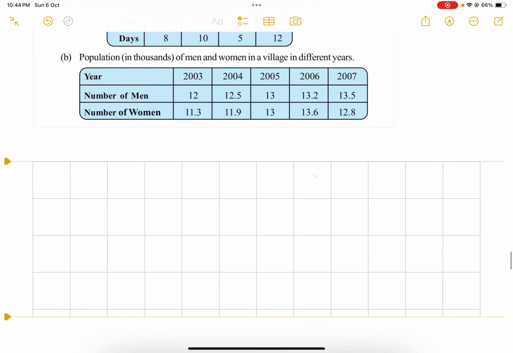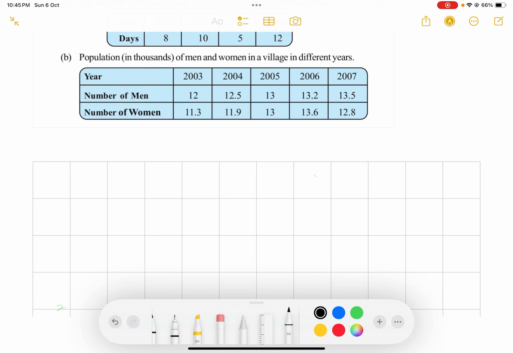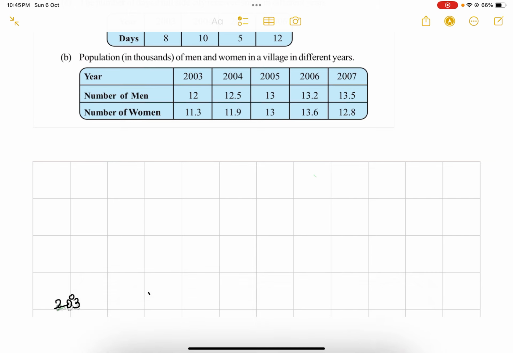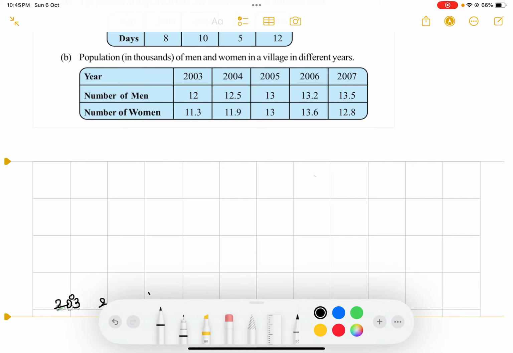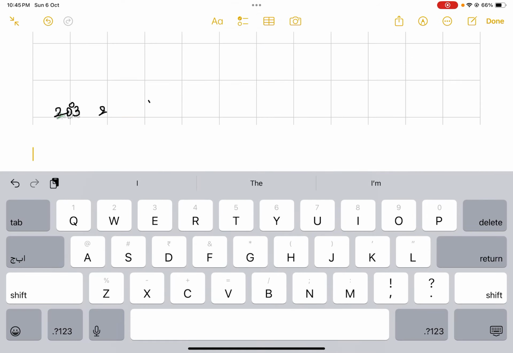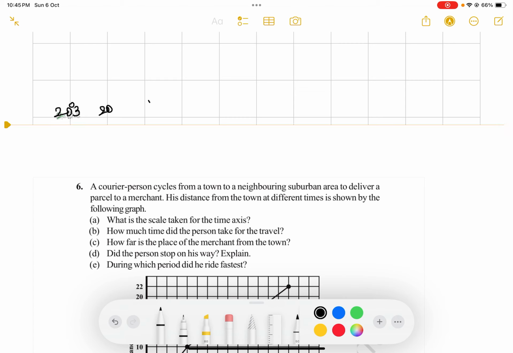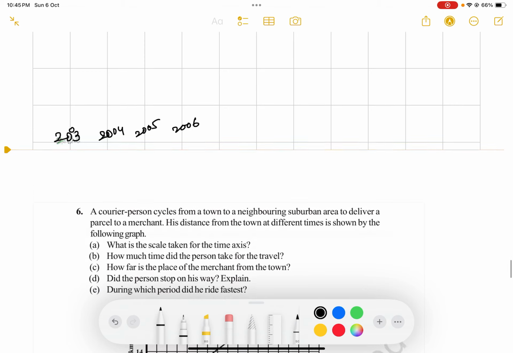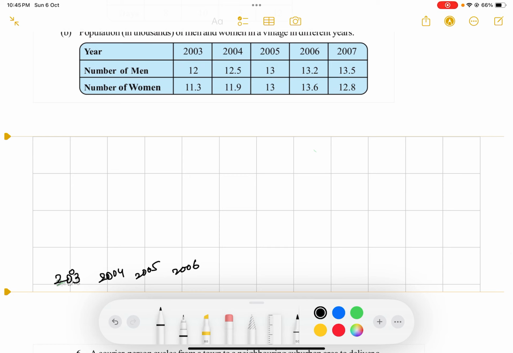Let us call this 2003, and the year is 2004, and the year here is 2005 and then here it is 2006. These are the years he has given, right? 2004, 5, 6 and 7 also, 2007. These are the years now.